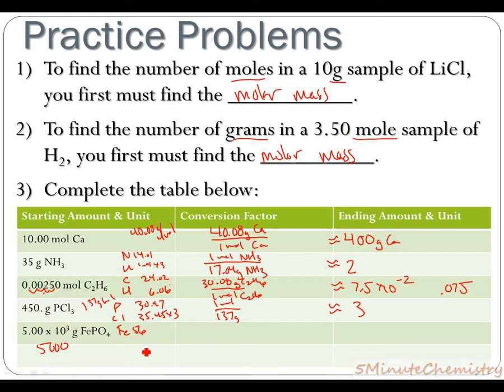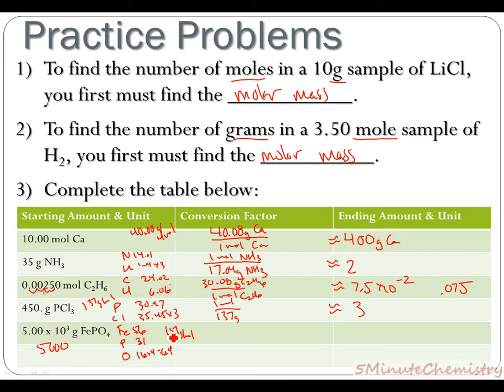The P in PO4 is 30.97, so again about 31 for the P. And the oxygen is 16. Do that times 4 gives 64. So we'll add these all up, and you get 56, 60, 120, 151, 151 grams per mole.